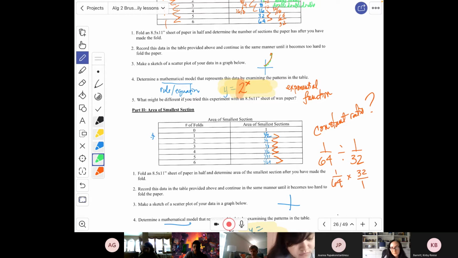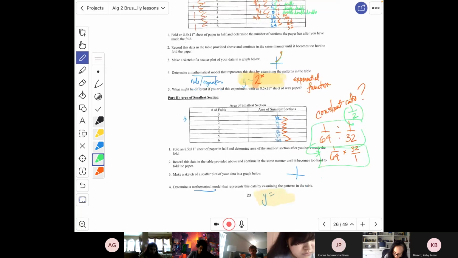I had 1 over 2 to the x. So 1 over 2 is the constant ratio. Yes, so if I did this division, turned it into multiplication, and simplified, you get this rule.